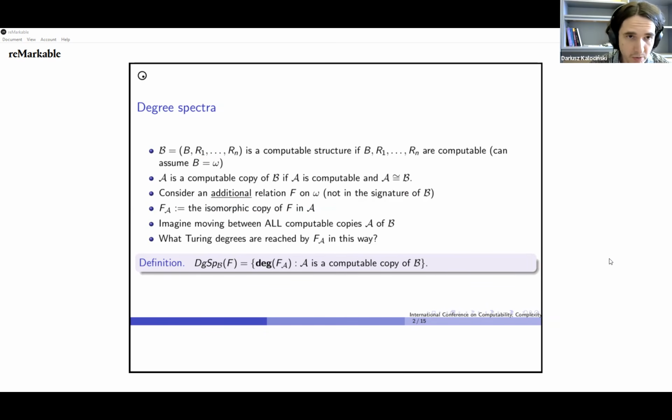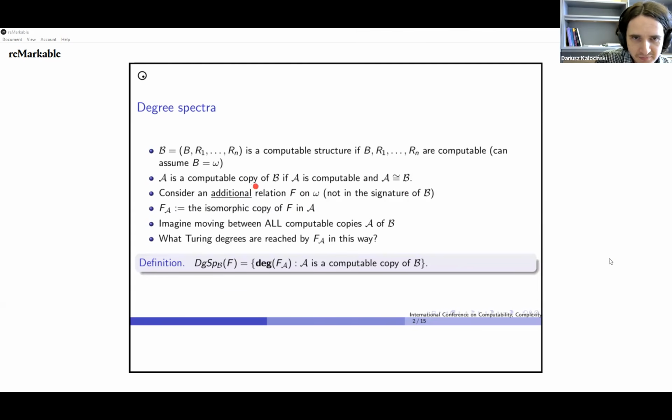We'll assume that the domain is just a set of natural numbers, so we'll be interested in structures on natural numbers, so-called omega presentations. And a structure A is a computable copy of B if A is computable and isomorphic to B. This is just to introduce some jargon that will be used throughout the talk.